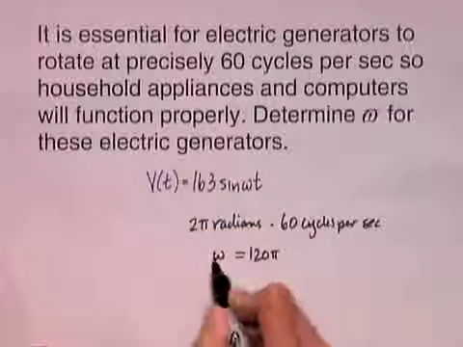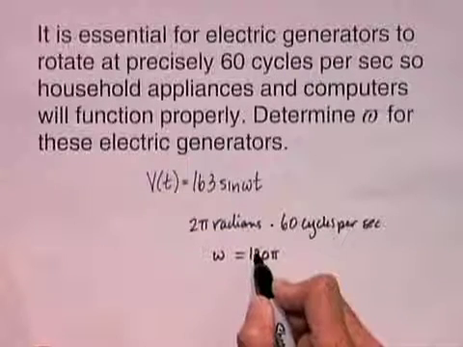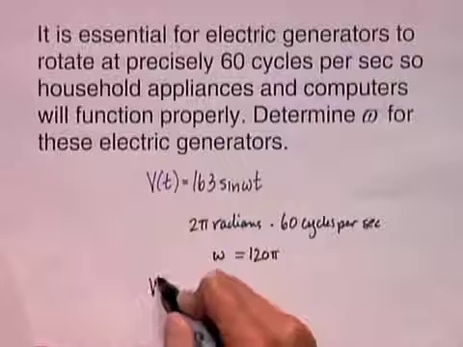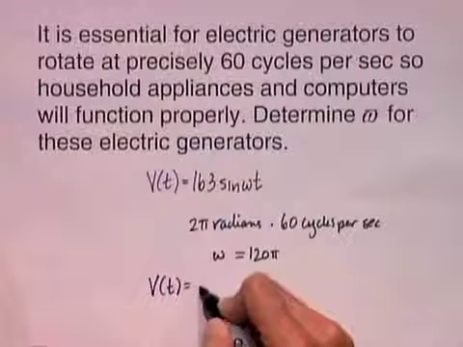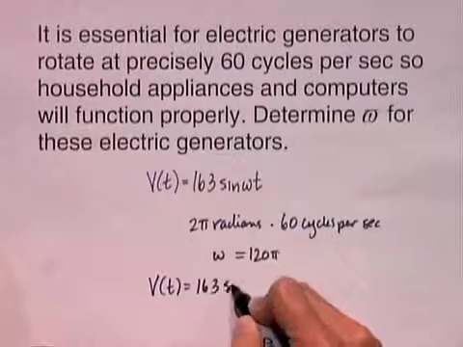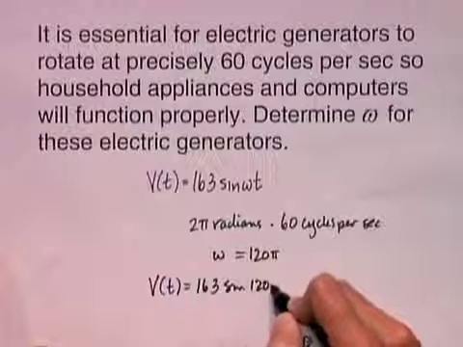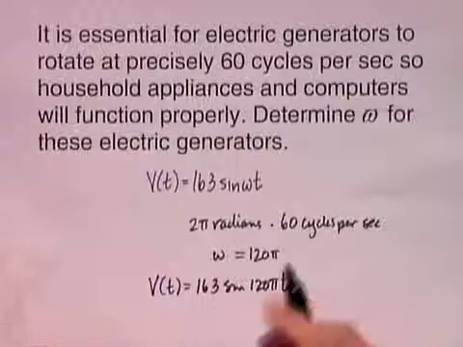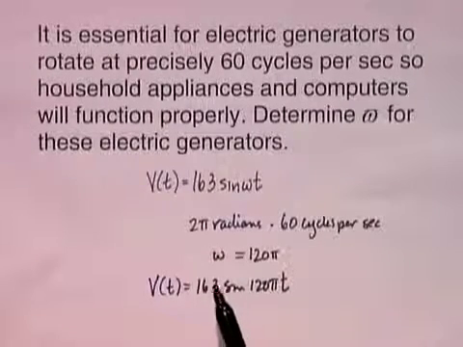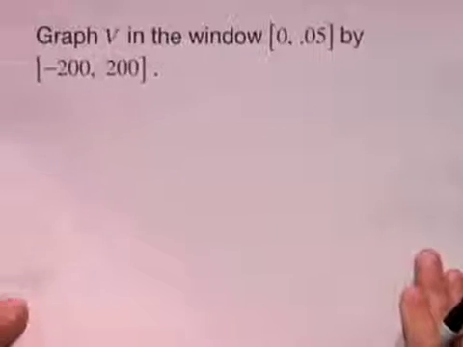And so we've found omega for these generators, which leads us to the formula 163 sine 120 pi t. So here's what we want to do with that V. What we want to do is graph V in the window 0 to 0.05 by -200 to 200. Well, we're going to do that with the help of a graphing calculator.